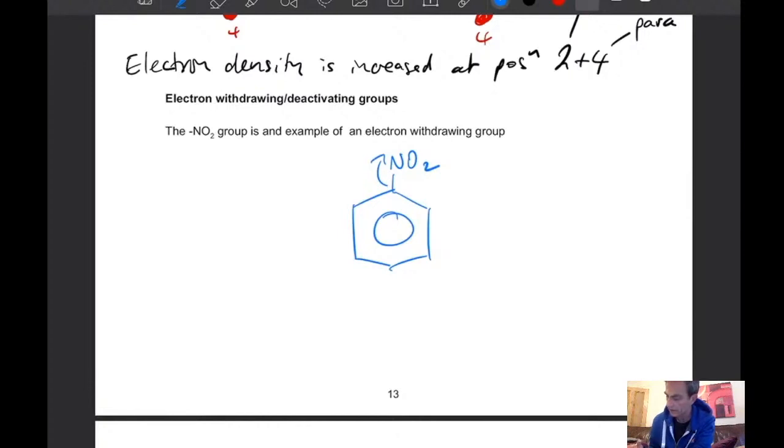So that's why they're classed as withdrawing groups. And what they do is they pull electron density away from 2 and 4. So that leaves hot spots, if you like, here or here. That's position 3, isn't it? Which is also known as the meta position.